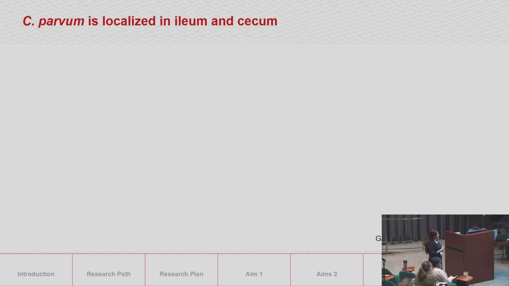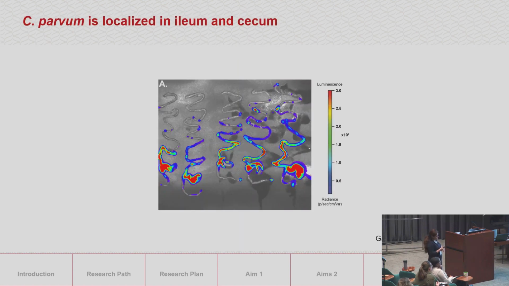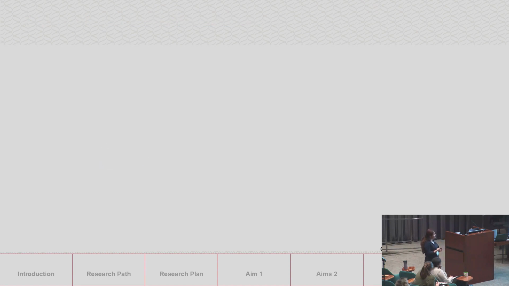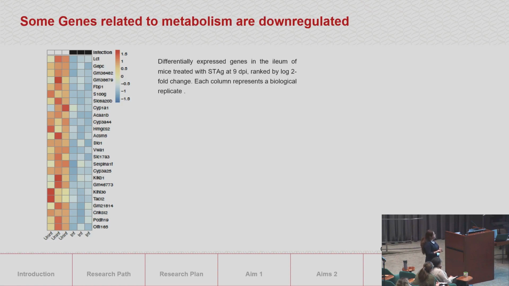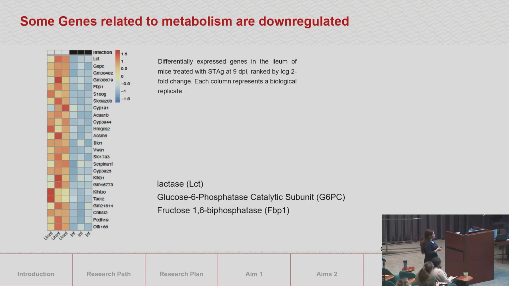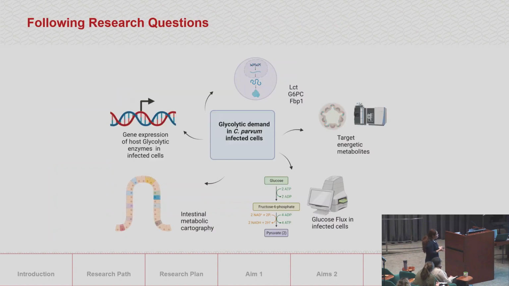Then I did gene expression of the colon and ileum of these infected and uninfected mice, and we found that this treatment with STAG activates the interferon type 2 response. But in addition to that, what I want to highlight here is that STAG also produces downregulation of 3 important metabolites, these 3, that I want to continue studying in my future lab.